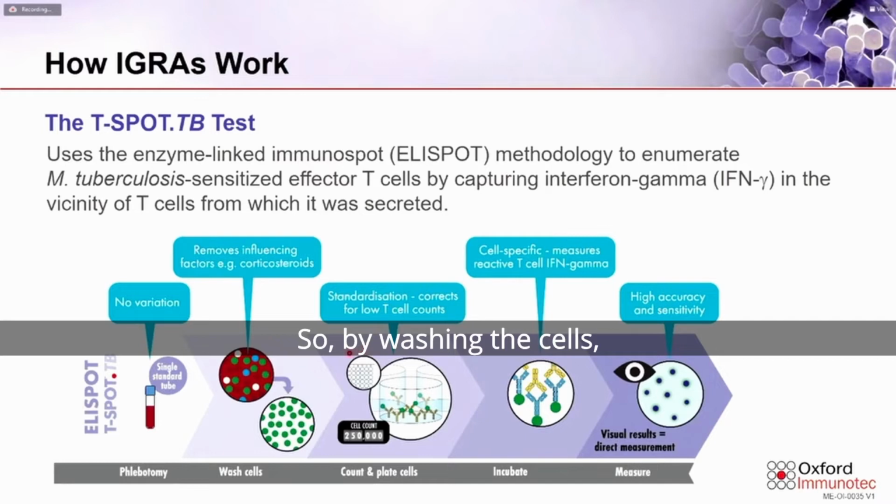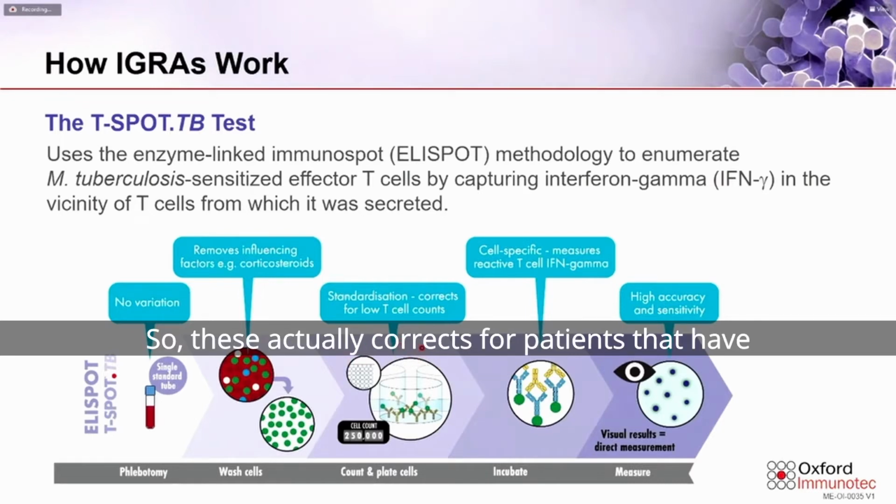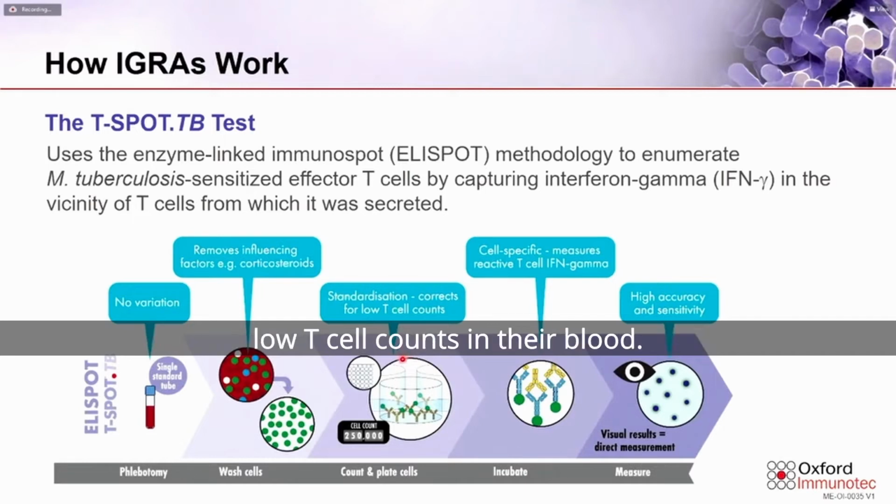So by washing the cells, we are trying to minimize that interference. The other important thing is the standardization of the number of cells. They count the cells and put 250,000 cells in each well. This corrects for patients that have low T cell counts in their blood.